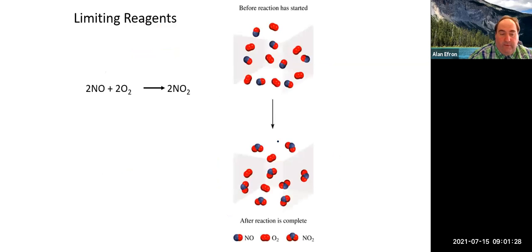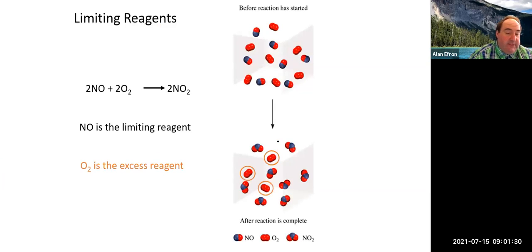Now, when we deal with limiting reagents, what that means is when we do a reaction, there's always some reactant that gets used up first, and that is the limiting reagent. So the limiting reagent, or sometimes referred to as limiting reactant, is the reagent that gets used up first.